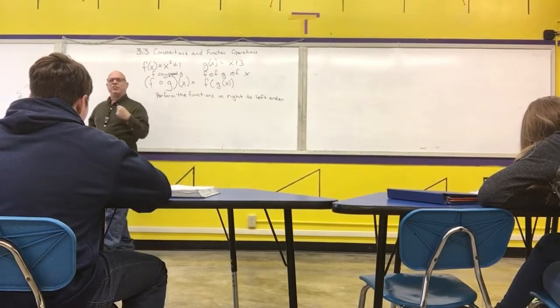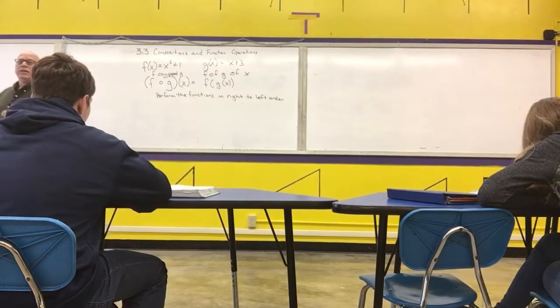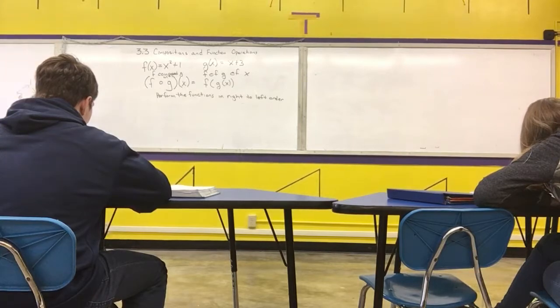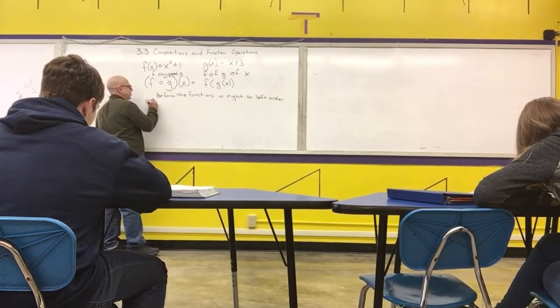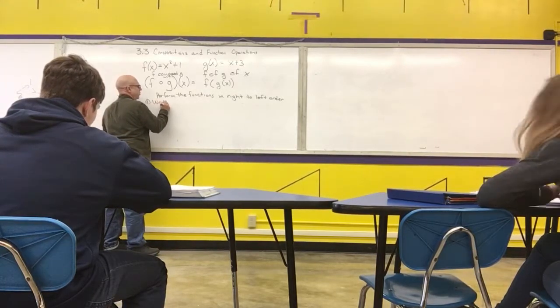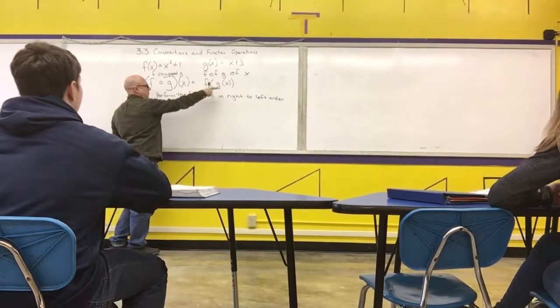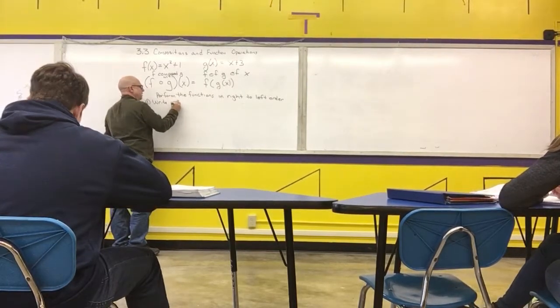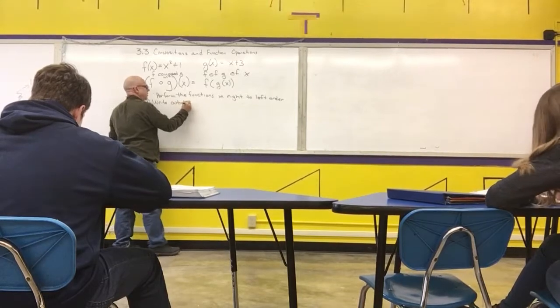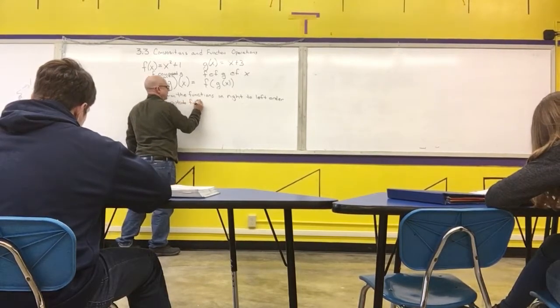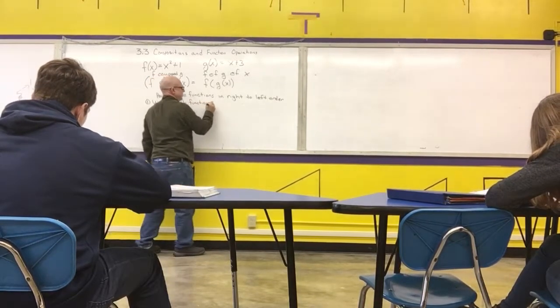Now I'm going to tell you how you're physically going to write this. First thing you're going to do is write down the outside function. Which one's outside? Okay, so we write the outside function, except where there's an x, you're going to put parentheses.